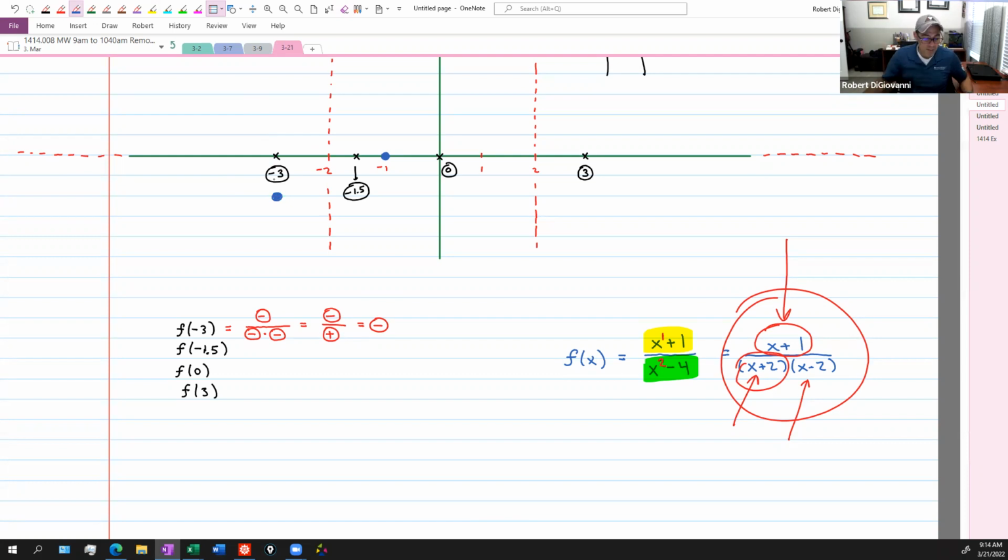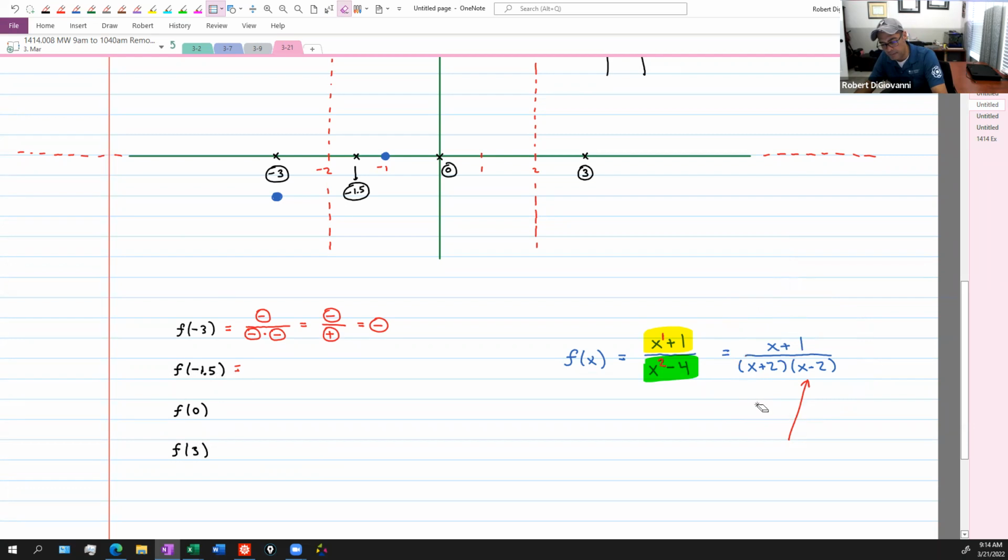Right, we have to do the same thing for negative 1.5. So let's try that. Move these down here. Okay, so for negative 1.5, imagine plugging that in again over here. Let me erase all this stuff here.